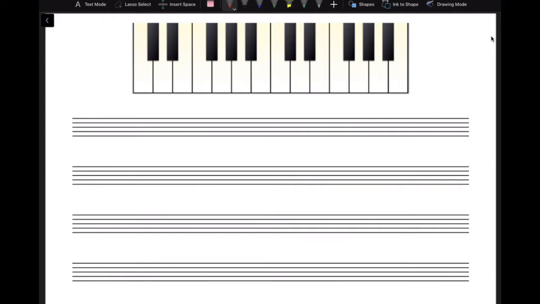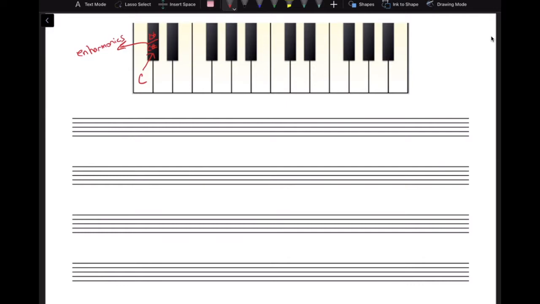So the first thing we need to deal with is this idea of whole steps and half steps. If you're at the piano and you have a C and you go to the very next note, the closest note, this is going to be C sharp. Another name for this note is D flat, and those are called enharmonics.